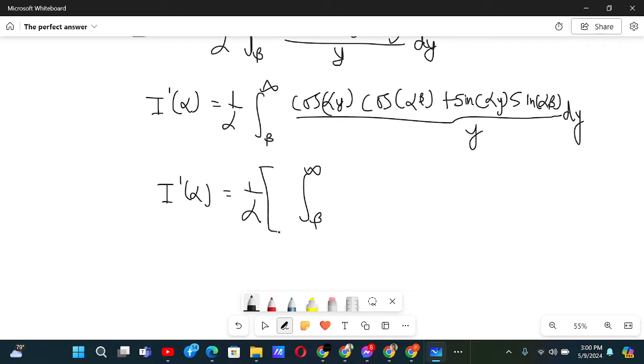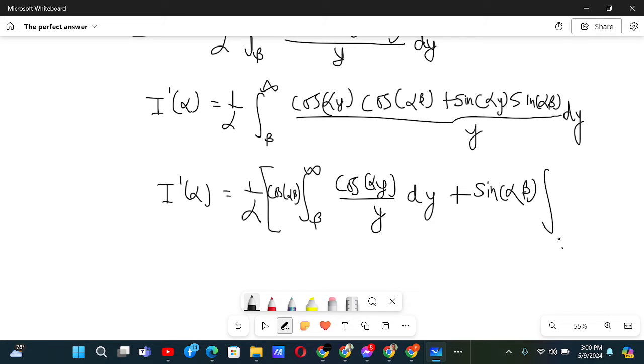Please notice that cos alpha beta is just a constant now. Now this is cos of alpha y by y dy, plus similarly we can write here also sin of alpha beta is constant, and the integral from beta to infinity of sin of alpha y by y dy.